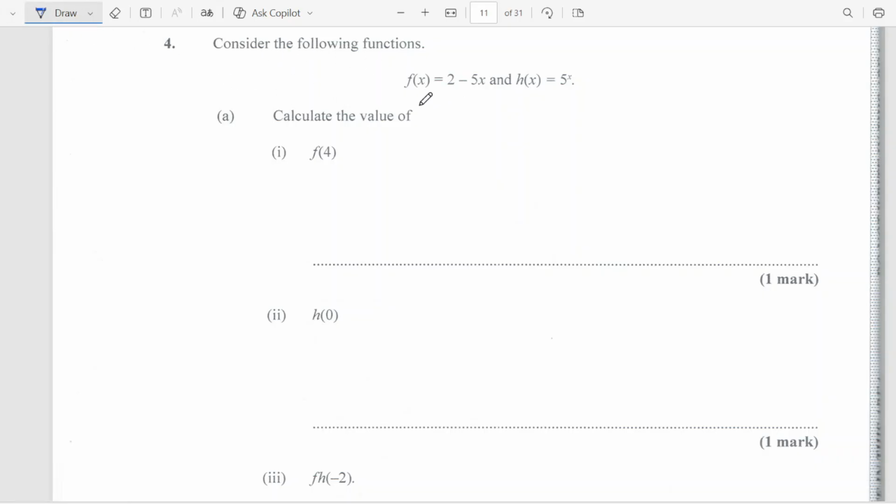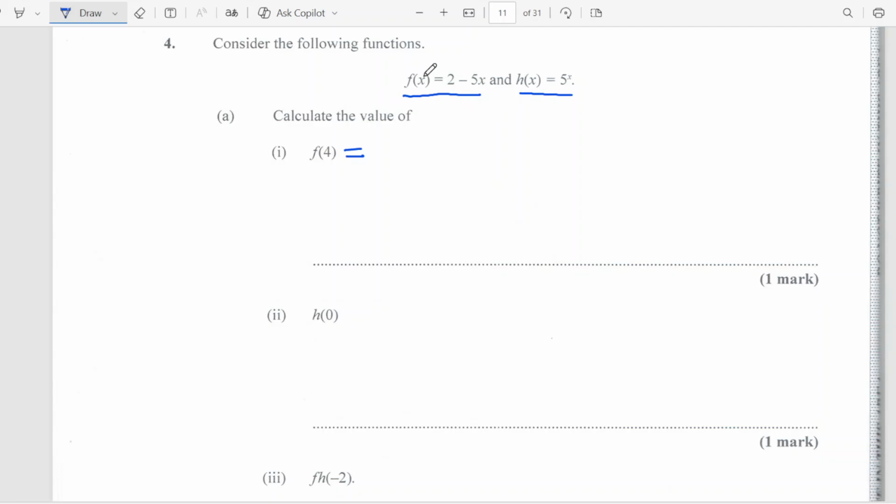Consider the following functions. F of x is equal to 2 minus 5x. H of x is equal to 5 to the power of x. Calculate the value of f of 4. So in functions, this is value substitution. They have 4 in the bracket, they want to find f of 4.